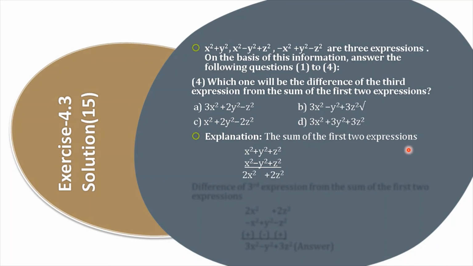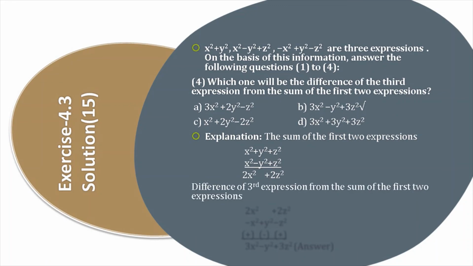If we add them, then we get plus x square plus x square, that would be plus 2x square, plus y square minus y square, if we subtract we will get 0, plus z square plus z square, that would be 2z square.